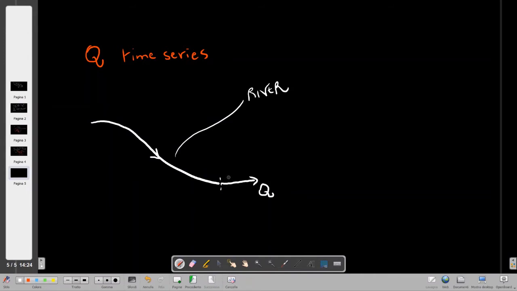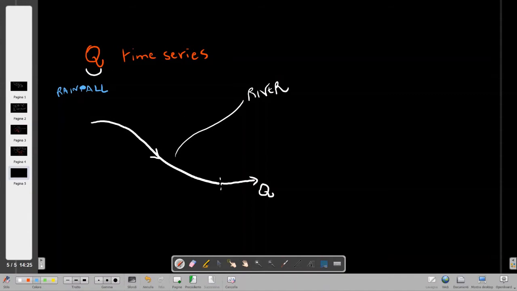And then why can we measure this water discharge? Actually, because it rains. This is quite simple to understand. The rainfall is the physical phenomenon related to the existence of the water discharge. So if it rains, the water discharge increases. If it does not rain, the water discharge is low.